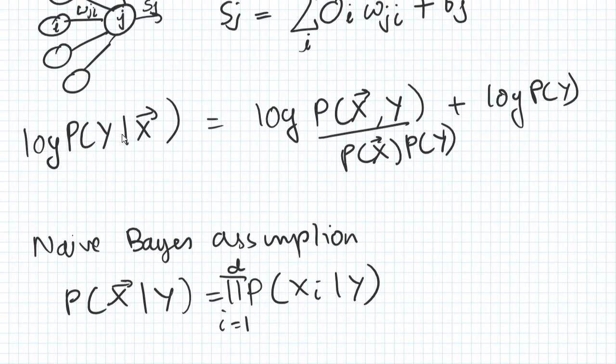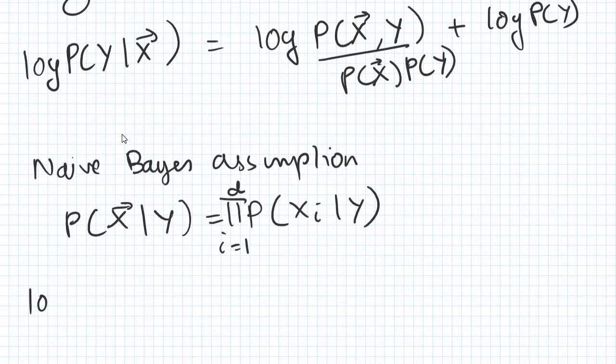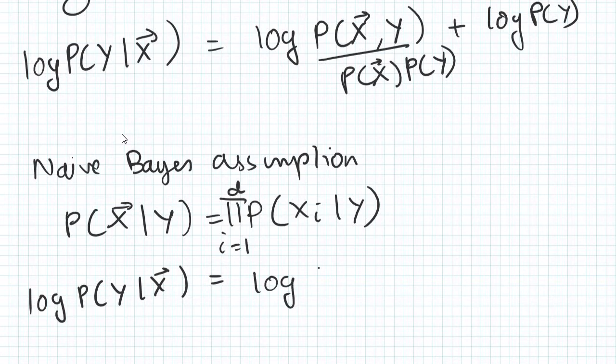So this can actually be changed to a more suitable form. Log p of y given x equals log of the product over i equals 1 to d.